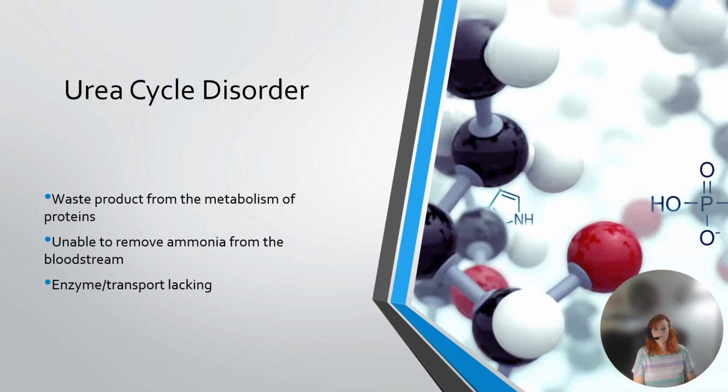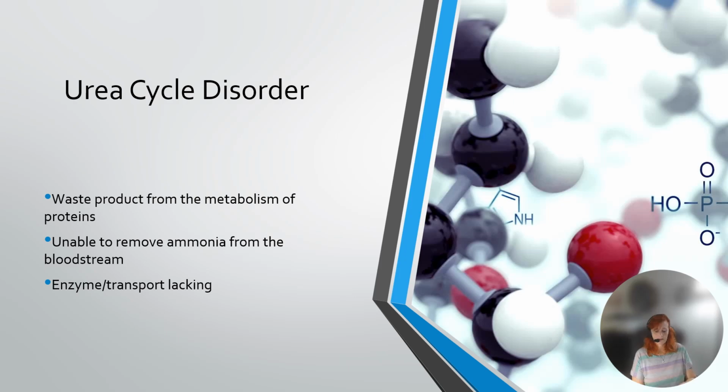All right, urea cycle disorder, a very interesting one, but it's in a different area. It is another waste product from the metabolism of proteins. One of the byproducts of protein is ammonia. But here we cannot remove the ammonia from the bloodstream. So again, we're either missing the enzyme or it's lacking that transport.